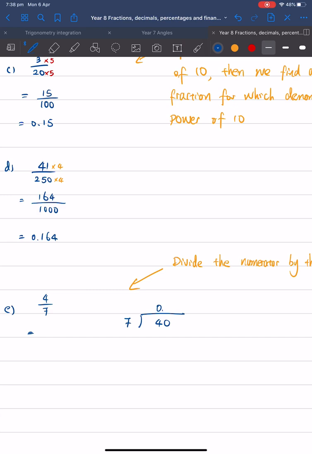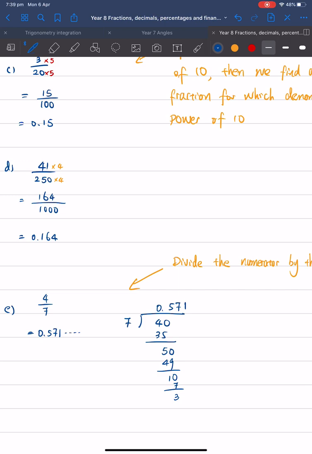Now, 40, which number times 7 is roughly close to 40? Maybe try 5. That's 35, and the remainder is 5. You can continue. 7 is 49, and the remainder is 10, and you can keep going. The next one is 1, 7, and the remainder is 3. So you will get the answer 0.571, and continue. That's how you do it.